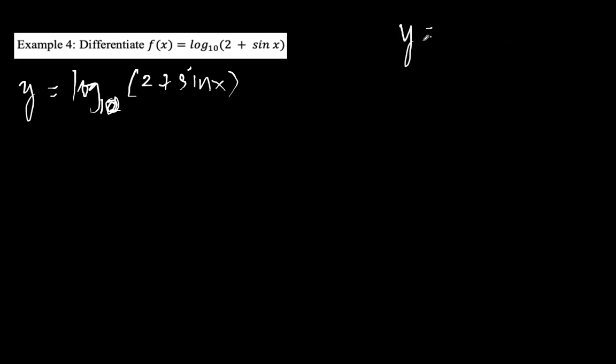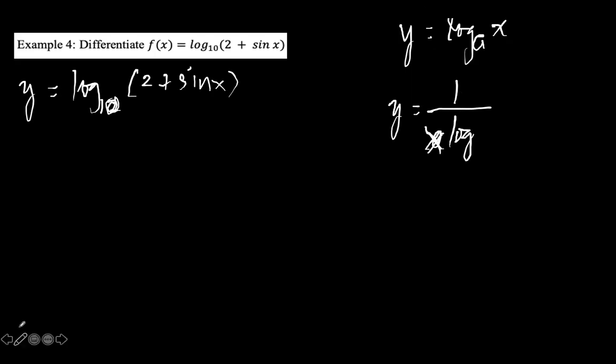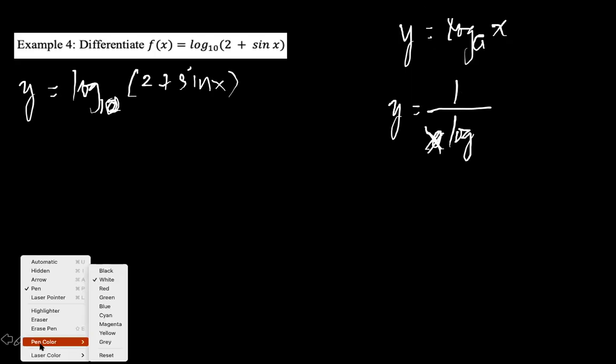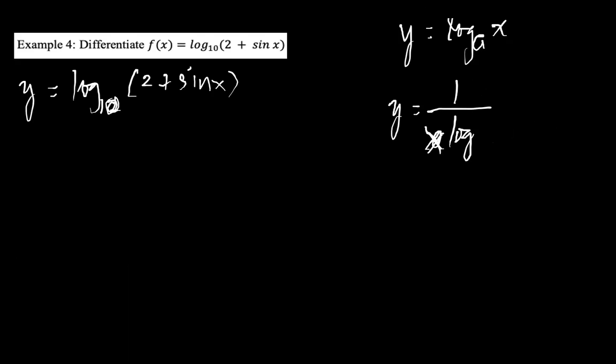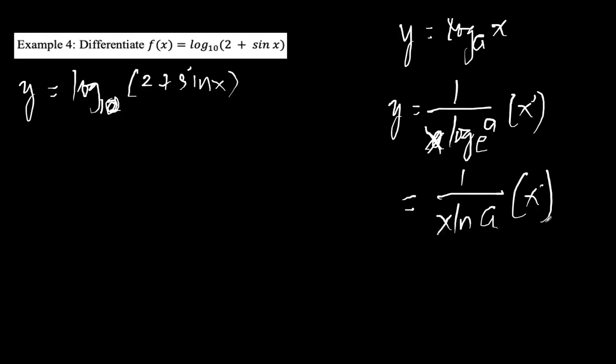So let's just refresh or recall the derivative of logarithm. Okay, let's say log x base a. So y prime is equal to 1 over x ln a times x prime.